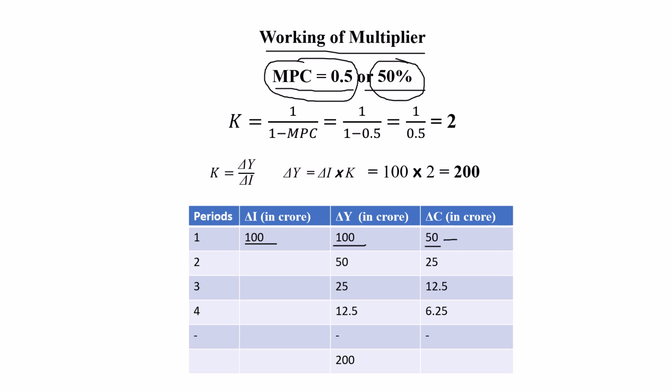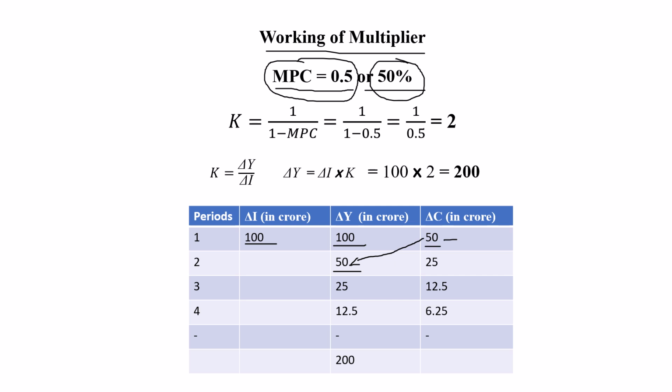This 50 crore rupees of one person's spending becomes income to another person. This other person gets 50 crore rupees of income.